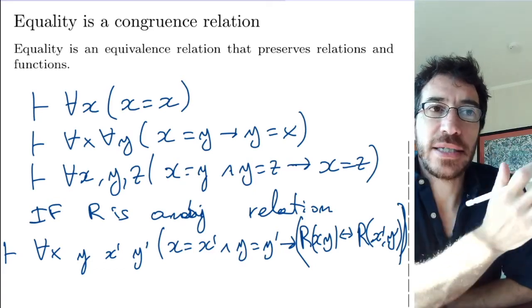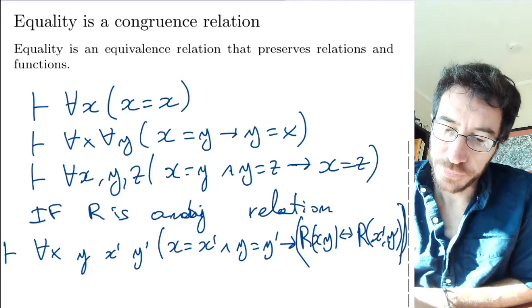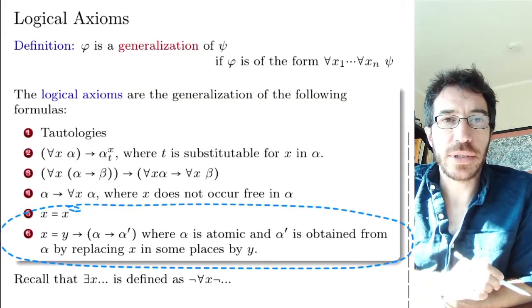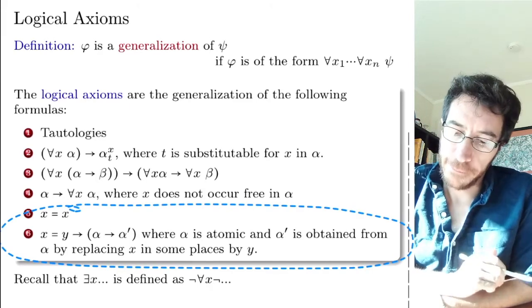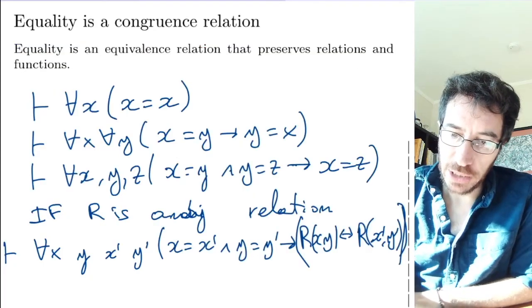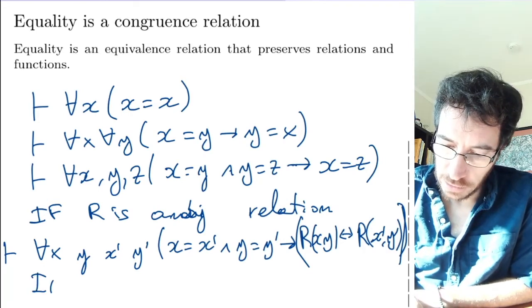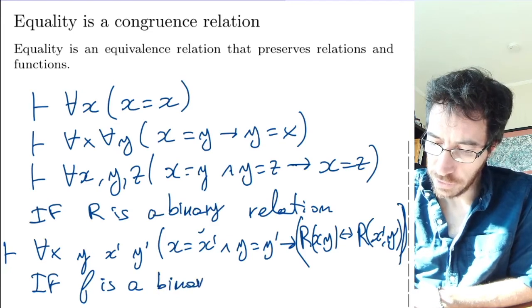The fact that all these properties just follow from axioms 5 and 6 up here, which are the only ones that use equality, and follow from modus ponens.